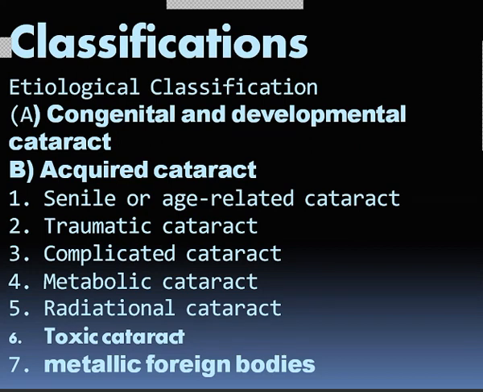Then classification. The classification may be congenital or developmental cataract, and acquired cataract. Acquired cataract is due to pathology, whereas congenital cataract is due to problems which occur in the antenatal period, when the fetus is still in the womb.